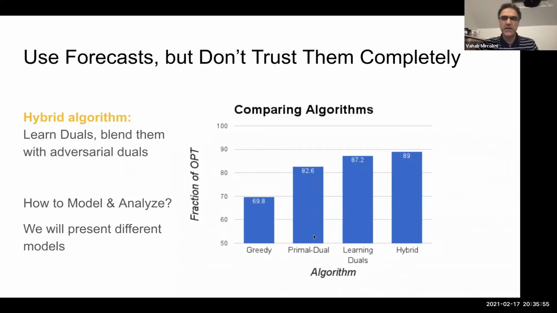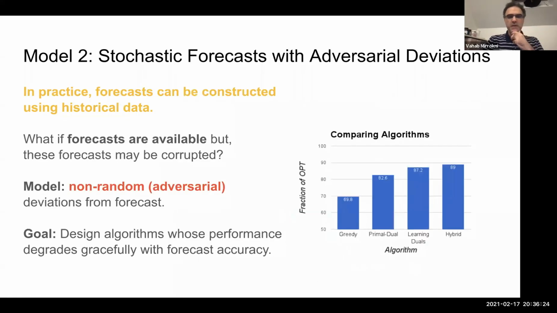We can beat the basic online algorithms, but they only work if the stochastic assumption holds and our forecast is valid. But we realized that hybrid type algorithms that constantly check the stochastic assumptions and maybe correct for them achieve better bounds. So the question is, can we do a good theoretical analysis of these types of algorithms?